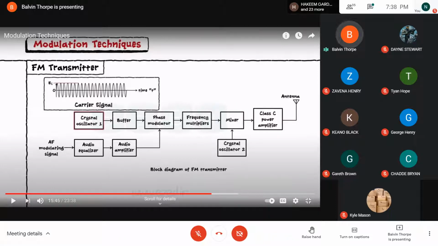We have done the AM transmitter and AM receiver. We're going to go back to the Bessel function table, but I want you to have a look at the FM.